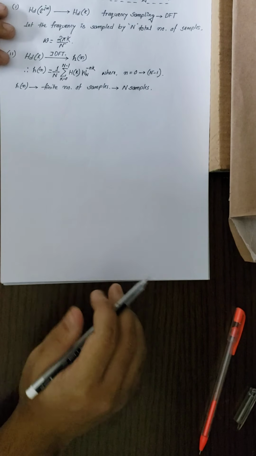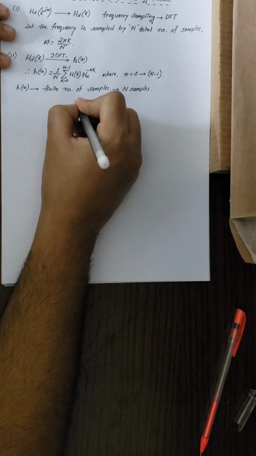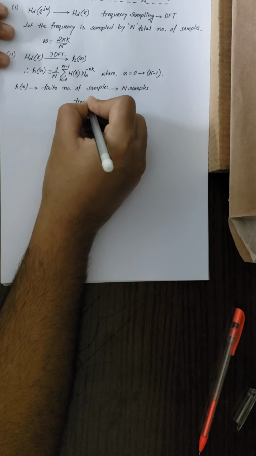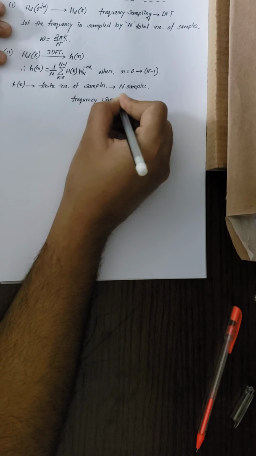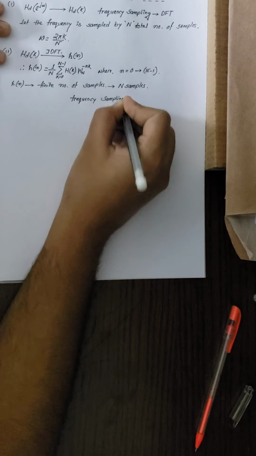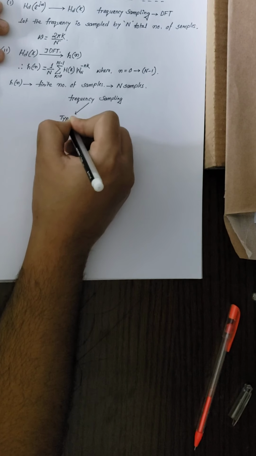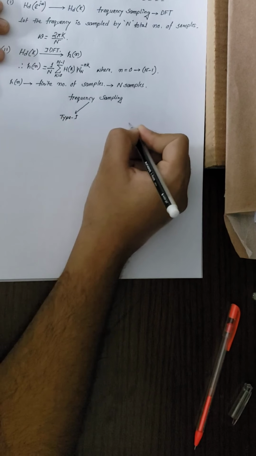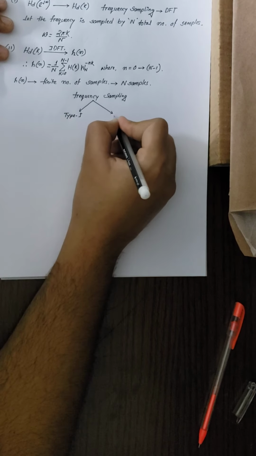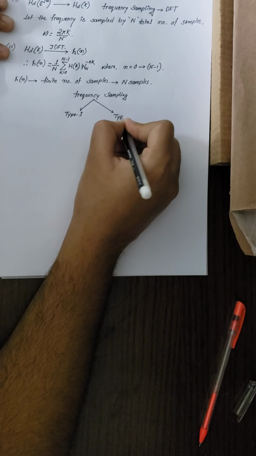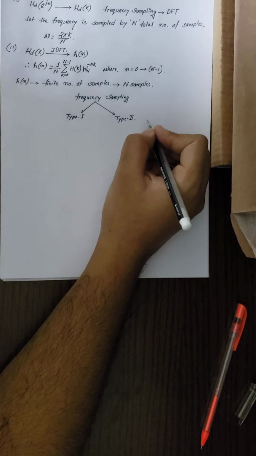Now then, there are basically two types of frequency sampling. There is the type 1 frequency sampling, and there is the type 2 method of frequency sampling.